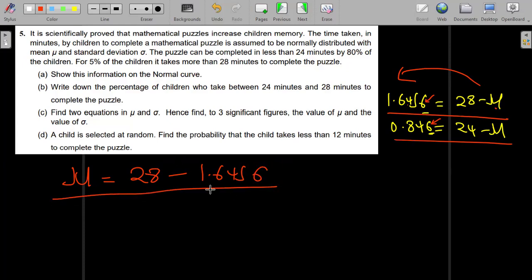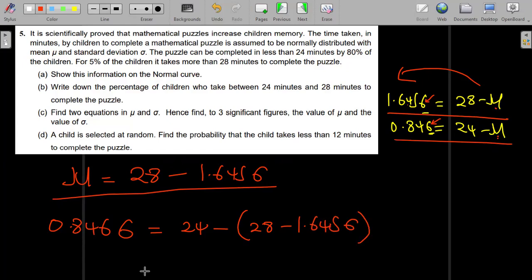So if our mu is this, we can replace it in the second equation. Sigma is equal to 24 minus the mu, and this mu is 28 minus 1.645 sigma.